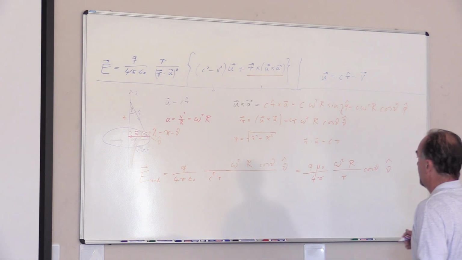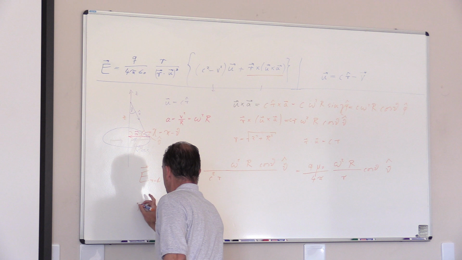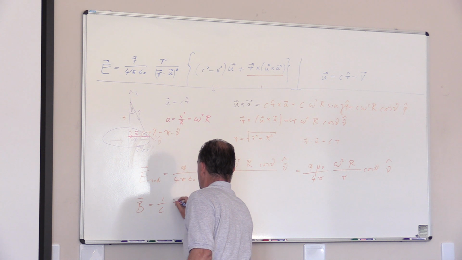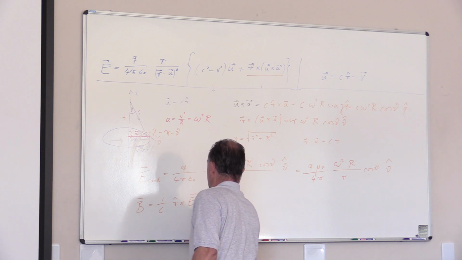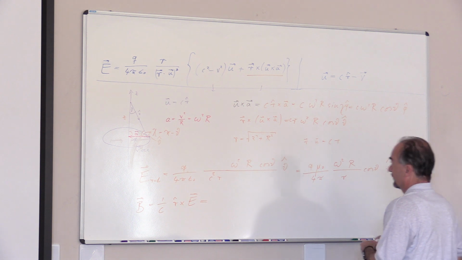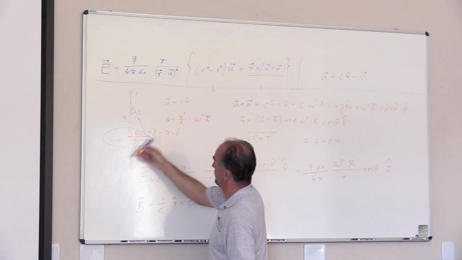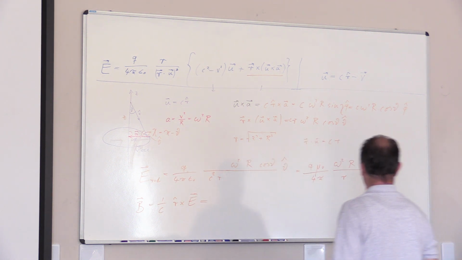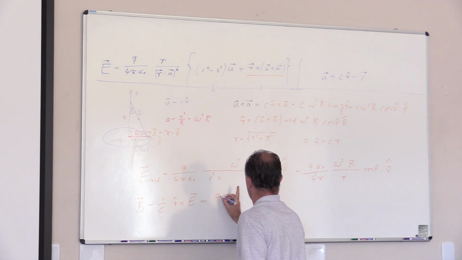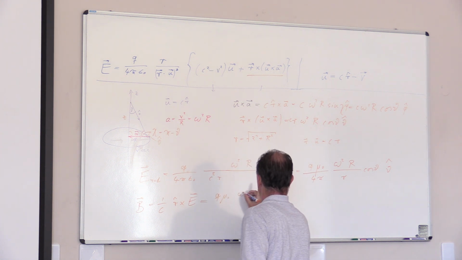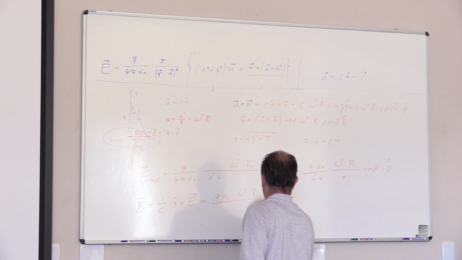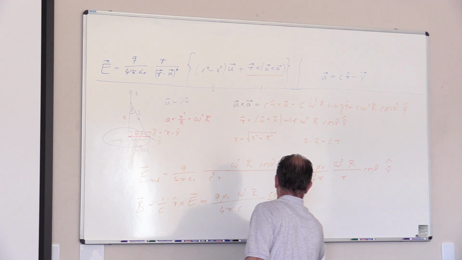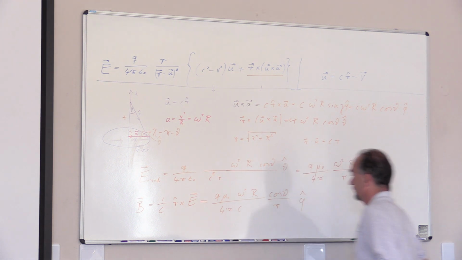Then the magnetic field is 1 over C, our unit vector cross E. Our unit vector cross this one, R cross this, gets us back into the phi direction. Right? So that gives us just a vector 1 over C, so q mu naught omega squared r over 4 pi c cosine theta over r times phi unit vector.